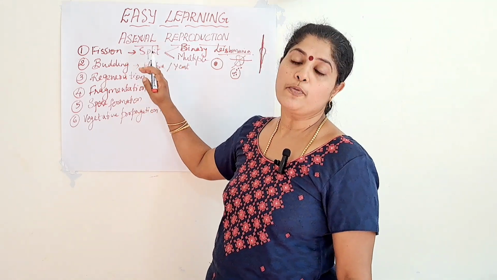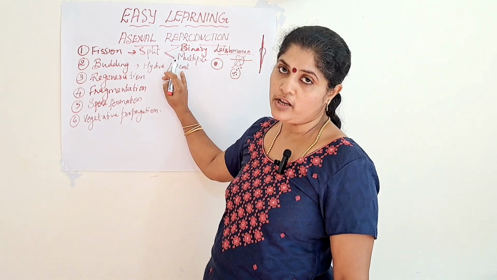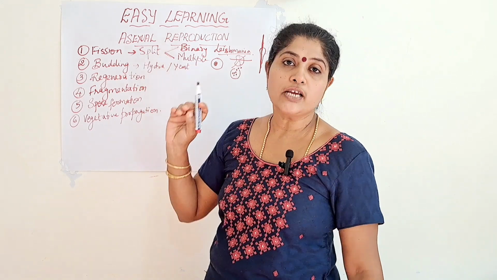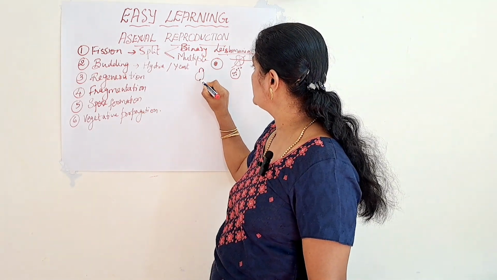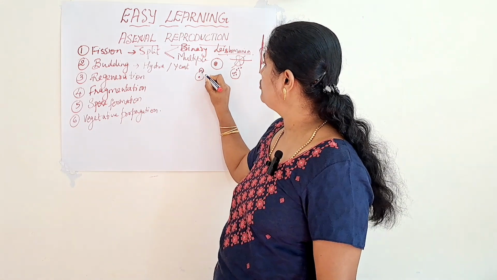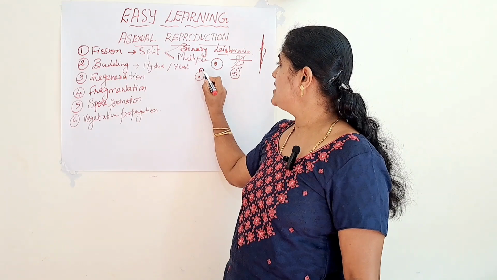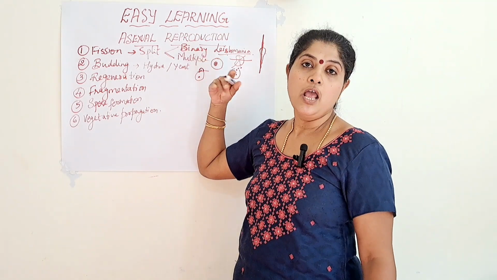That is how the process takes place. In the same way, in the case of yeast cells, yeast is also a non-green plant, a fungus. A small projection arises in the yeast cell. Then the nucleus gets divided into the projection, the bud, and once it has attained its size, it gets detached from the parent organism and grows into a new organism.